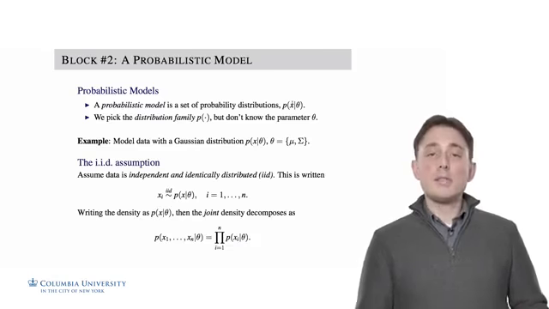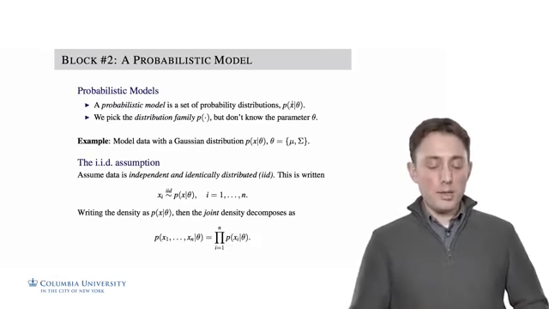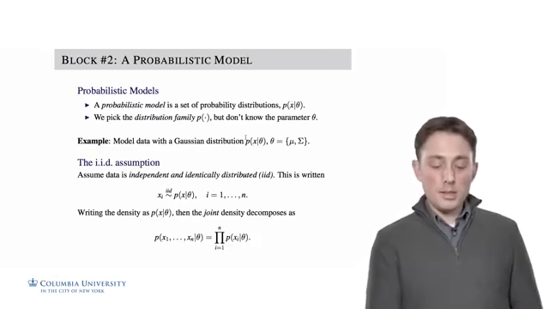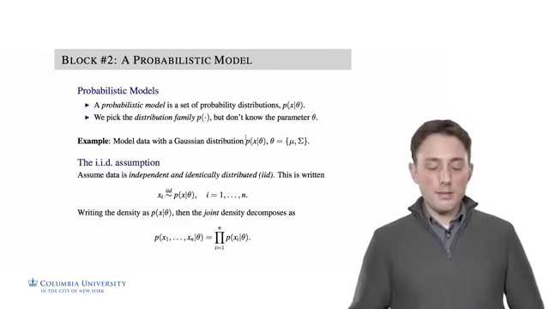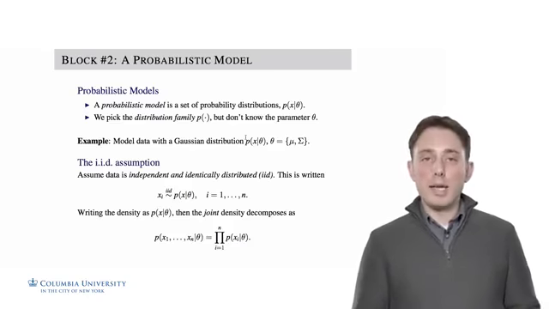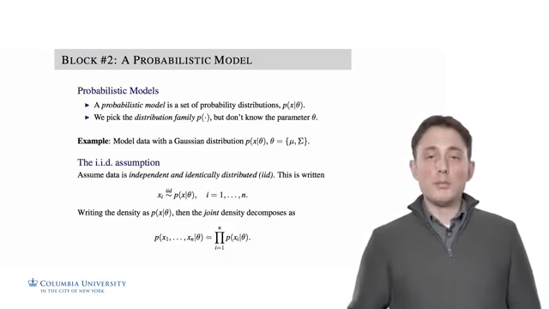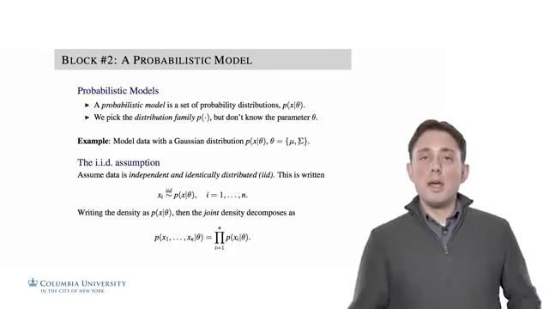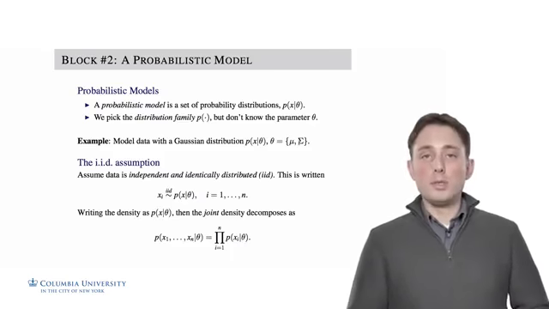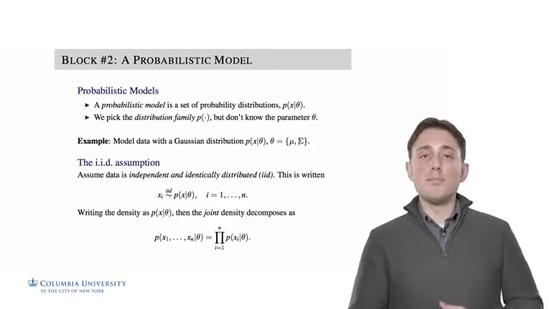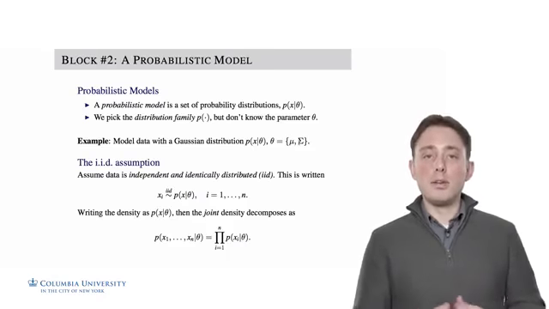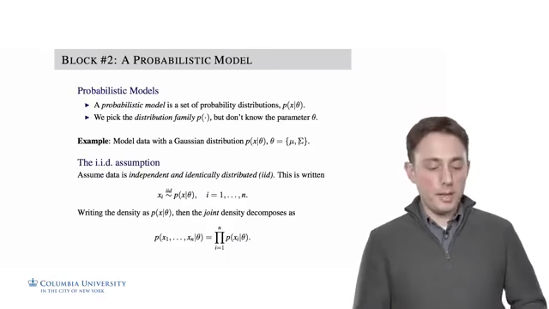So in the case of the Gaussian distribution that we've been thinking of, this density, p of x given theta, is a multivariate Gaussian. That's the distribution family. And it takes parameters mu and sigma, mean and covariance. And for all values of mu and sigma, we're always working with the same density, the same multivariate Gaussian, the same distribution family.